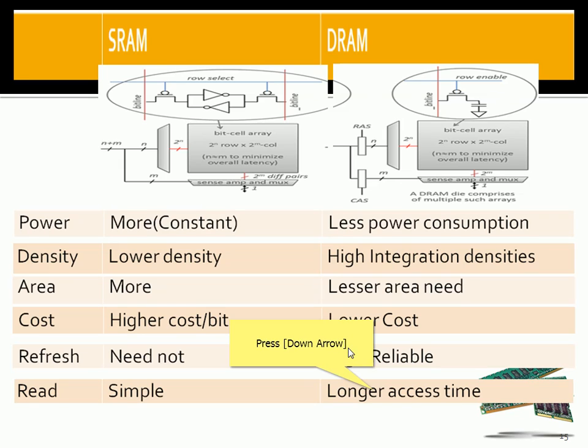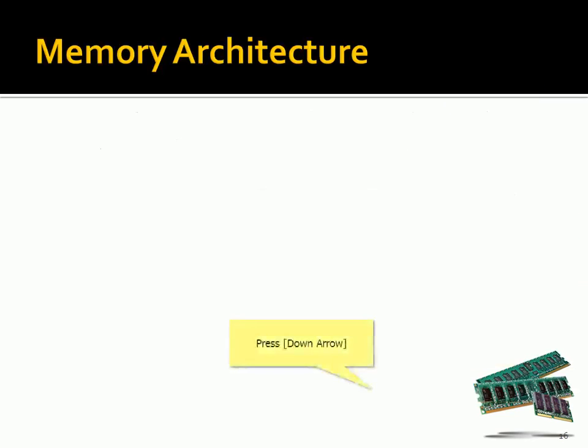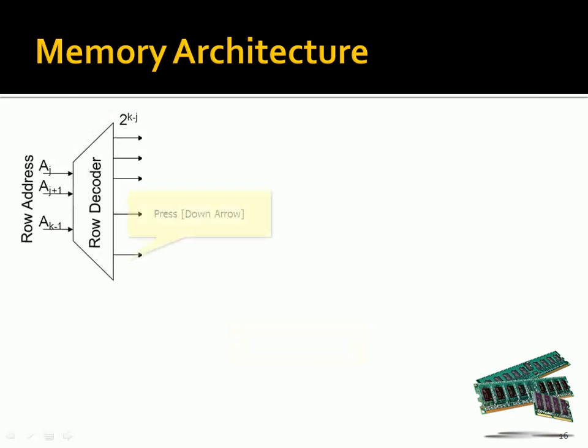Additionally, DRAM requires a refreshing circuit. Read and write are simpler in SRAM, whereas a longer access time is essential for DRAM. This is a typical differentiation between SRAM and DRAM.